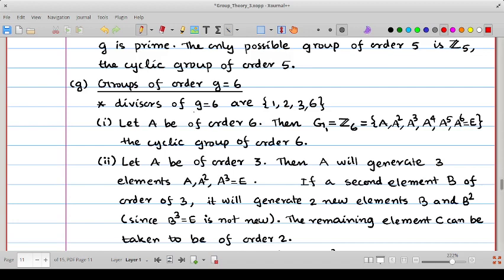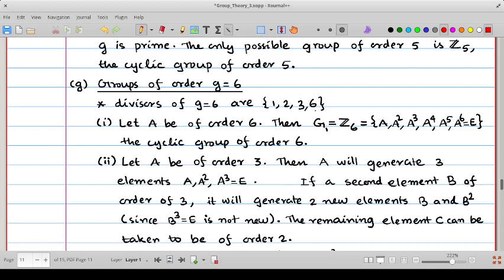So next, distinct groups of order 6. We first note that the divisors of the order 6 are 1, 2, 3 and 6, and therefore the elements of the group should have orders one of these numbers only.